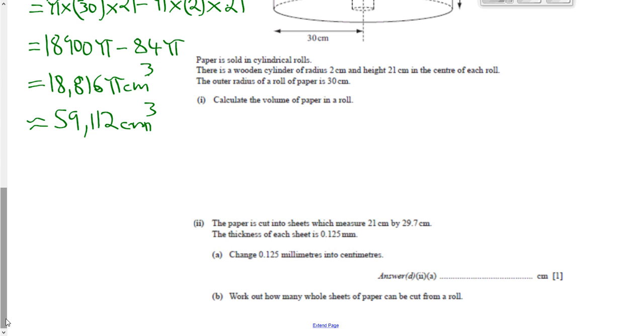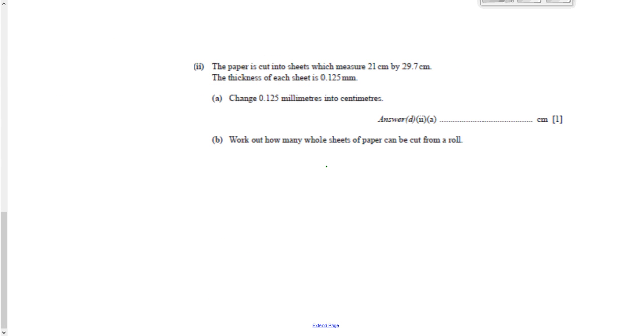Finally, the paper is cut into sheets which measure 21 centimetres by 29.7 centimetres. The thickness of each sheet is 0.125 millimetres. Change 0.125 millimetres into centimetres. Well, we've got to ask ourselves, how many millimetres are there in a centimetre? The answer is 10.